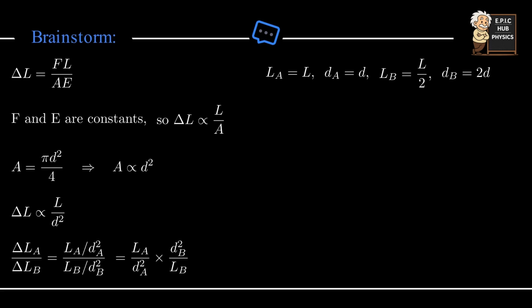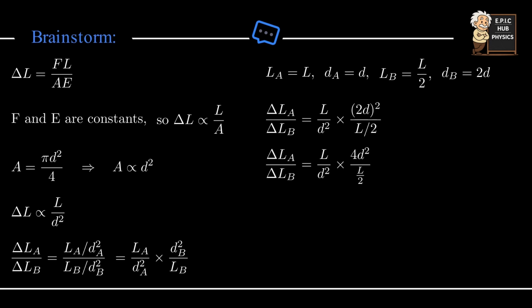Substituting these values gives delta L for A divided by delta L for B equals L divided by D squared, multiplied by 2D squared divided by L divided by 2. Now we simplify. 2D squared becomes 4D squared, so the expression becomes L divided by D squared multiplied by 4D squared divided by L divided by 2.